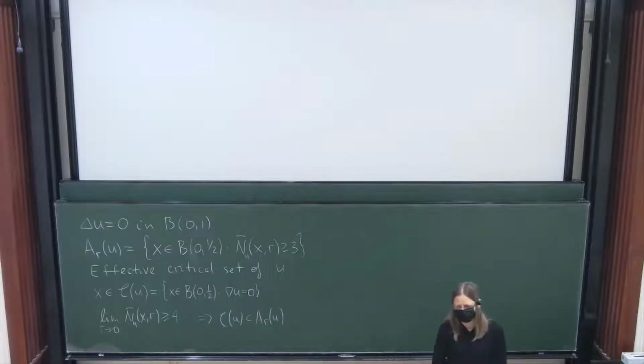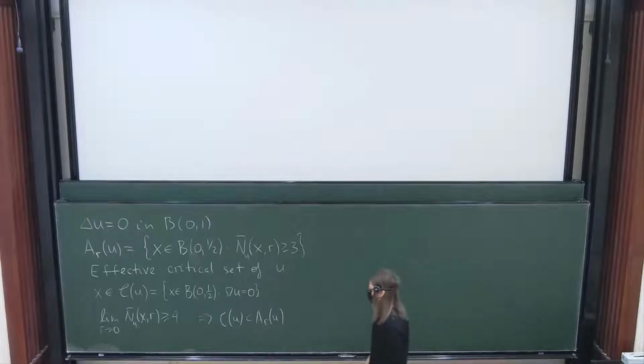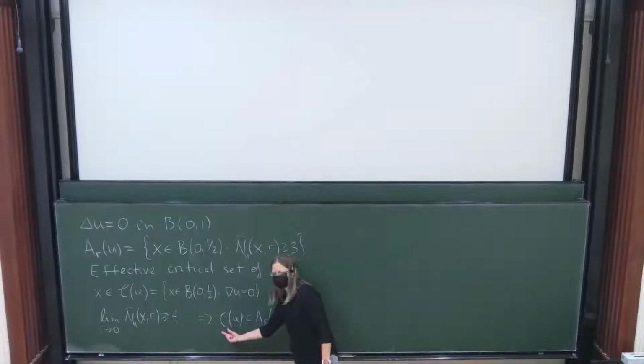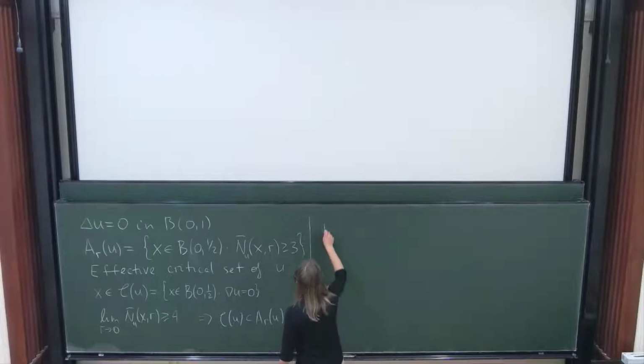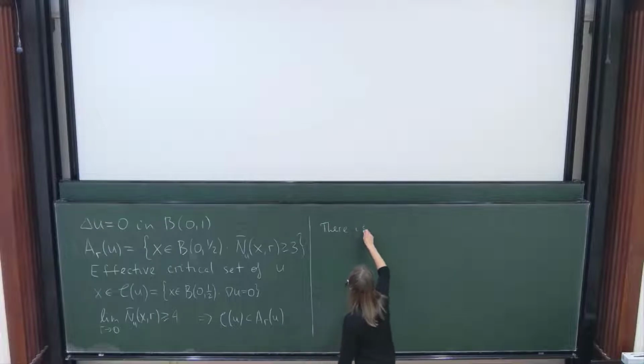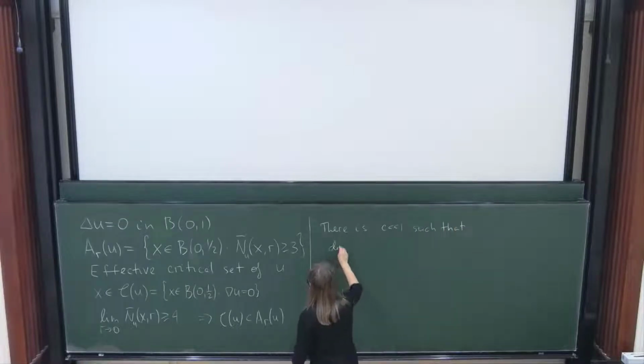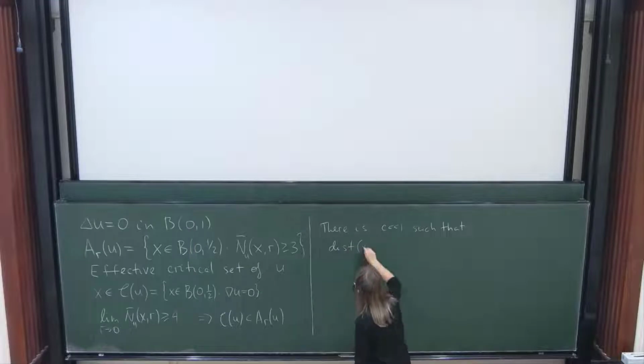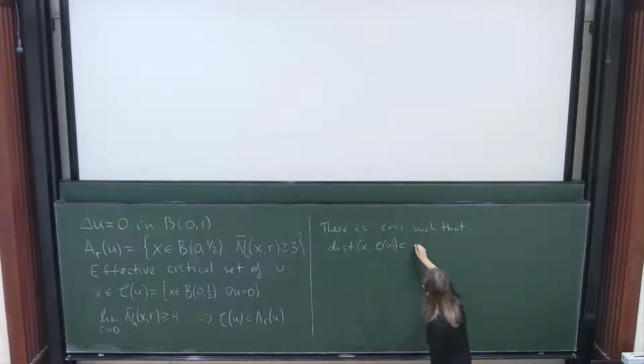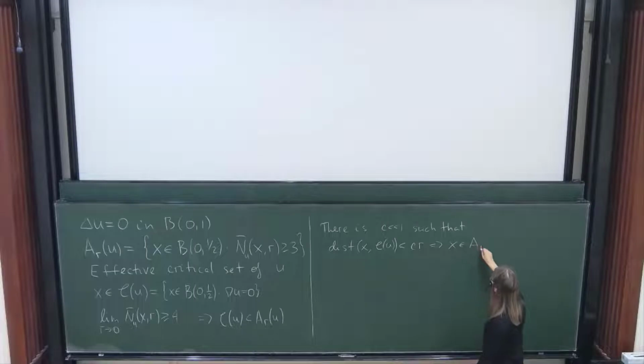Using our comparison of the frequencies, you can also show that if you take a small neighborhood of this one, there is a small constant, but fixed, such that if the distance from x to the critical set of u is less than this constant times r, then x is in the effective critical set.